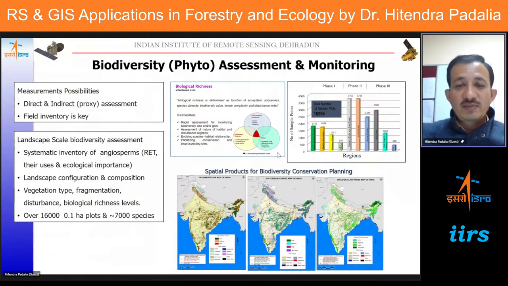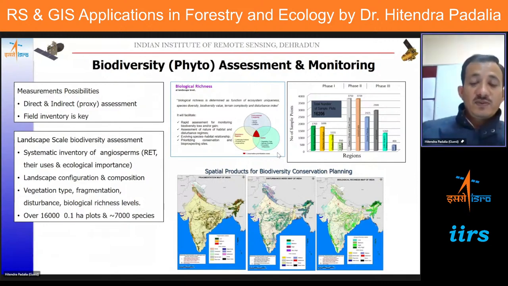We have done detailed vegetation mapping using IRS series of satellite data, and then also assessed the fragmentation status of different forest types, the level of human disturbance they are facing, and finally the concentration of plant resources across India in terms of unique species, rare, endangered, and threatened species, as well as unique habitat types.